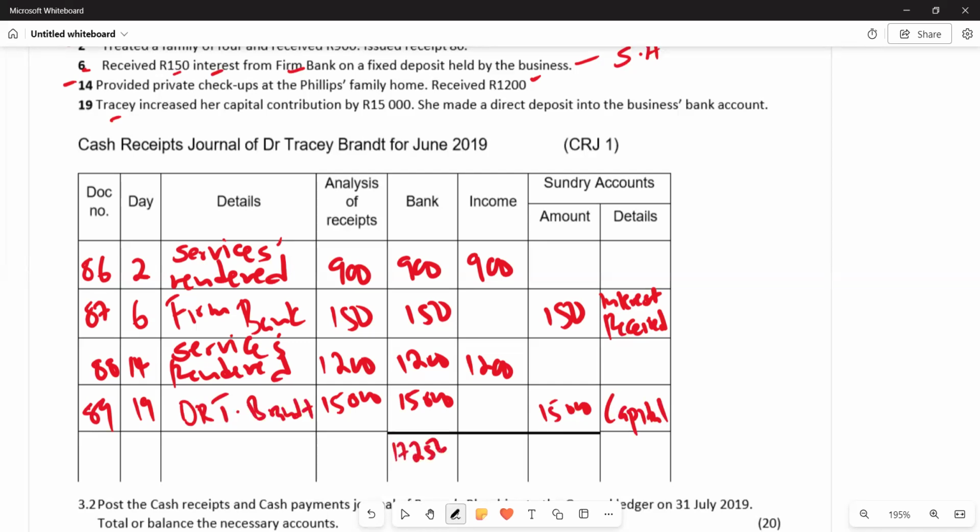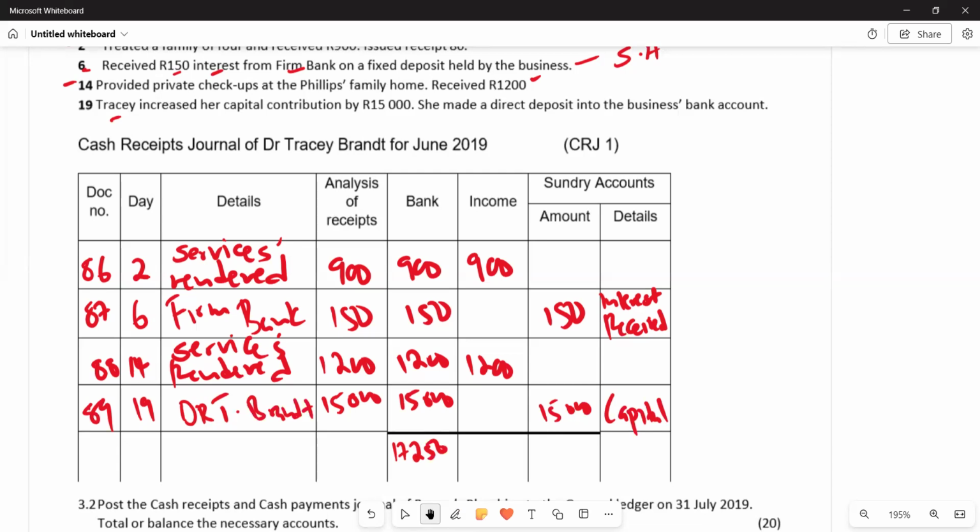Let's verify that calculation: 900, then add 150, then add 1,200, and then add 15,000. Then we get 17,250, which is correct.